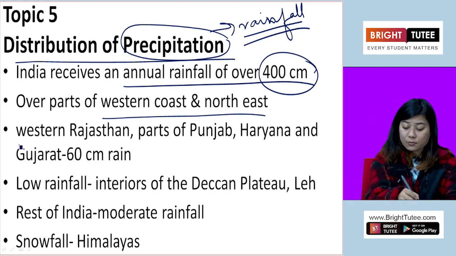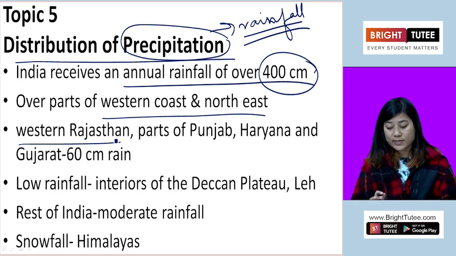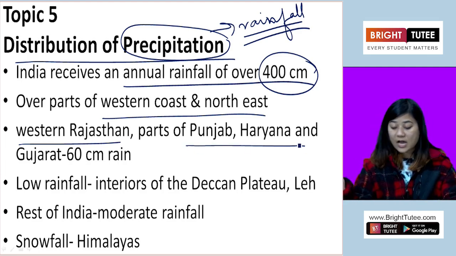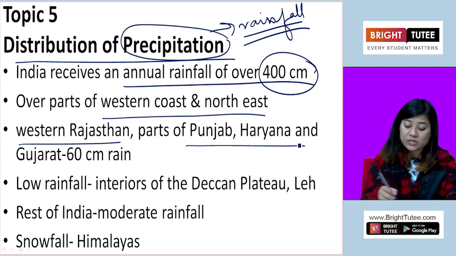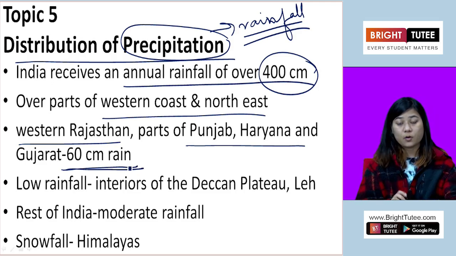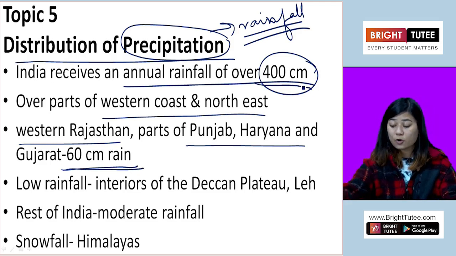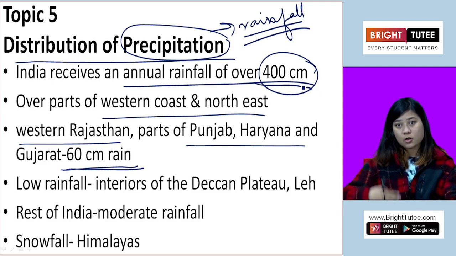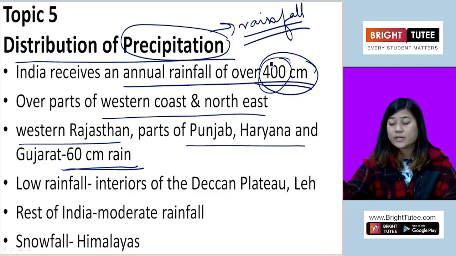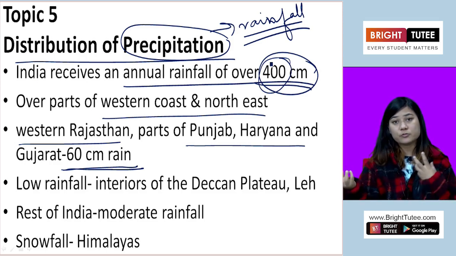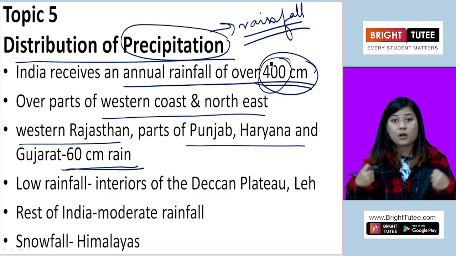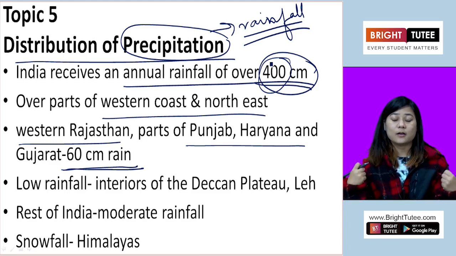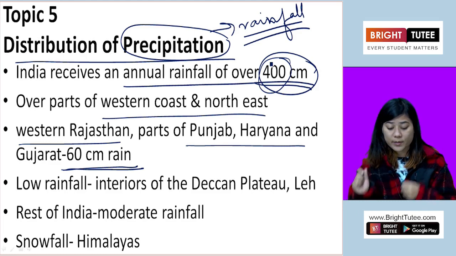But if you look at western Rajasthan, the west and parts of Punjab, Haryana and Gujarat, the average rainfall per year is only 60 centimeters. Only 60 centimeters, while in the northeast and in the western coast of peninsular India, it is 400 centimeters. So you see, the distribution is not equal. There is unequal distribution, and this is caused by the temperature, the movement of the wind and other weather conditions.